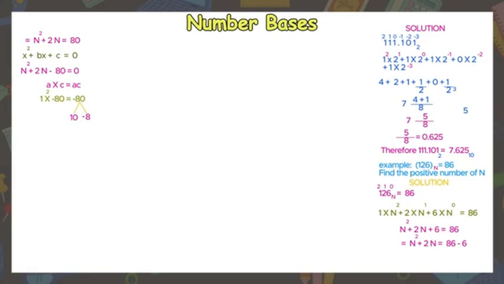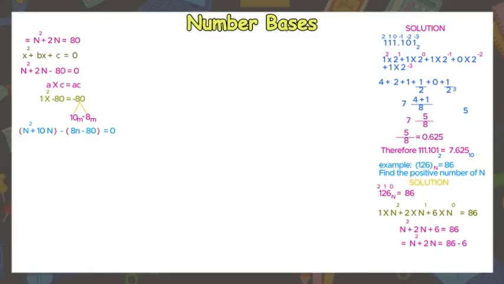We now substitute these values as 10n and minus 8n. Therefore, we are going to have n squared plus 10n minus 8n minus 80 equal to 0. We factorize by grouping. What is common here? n.